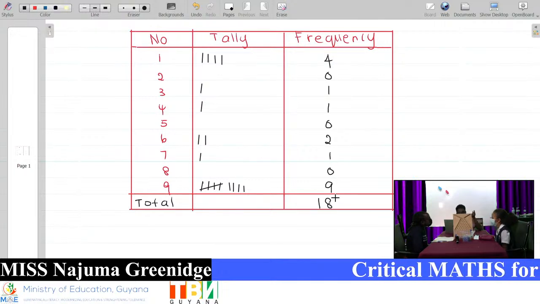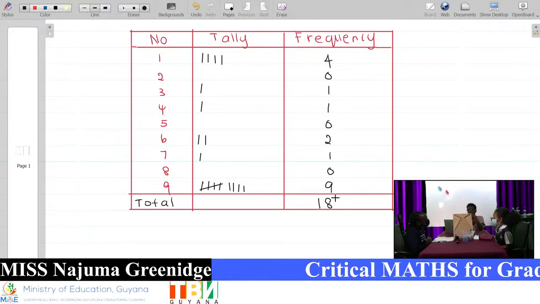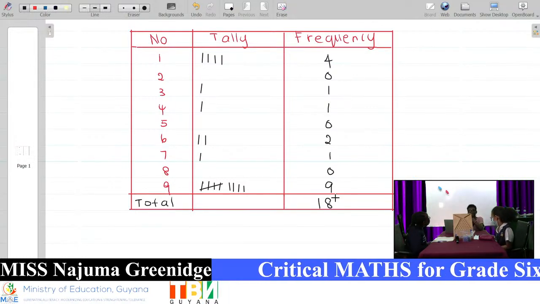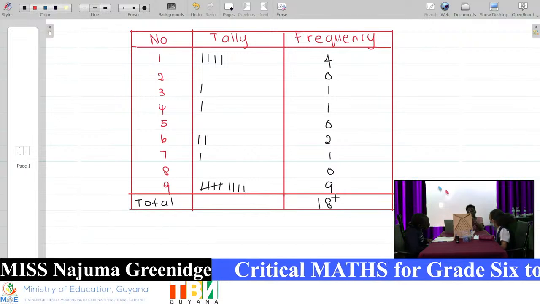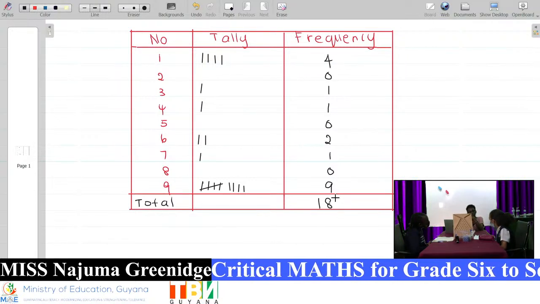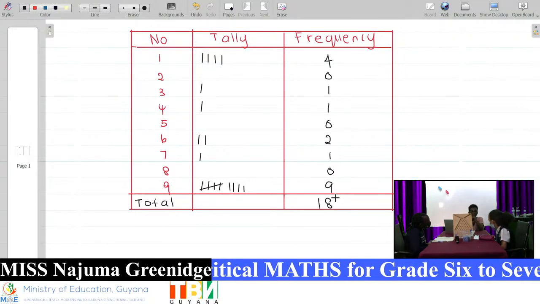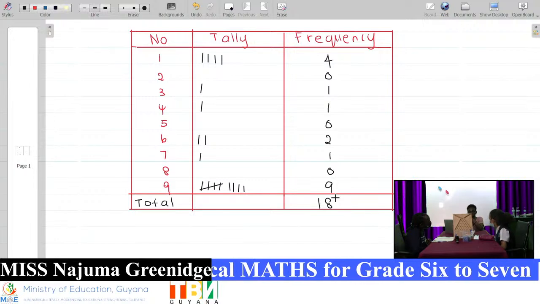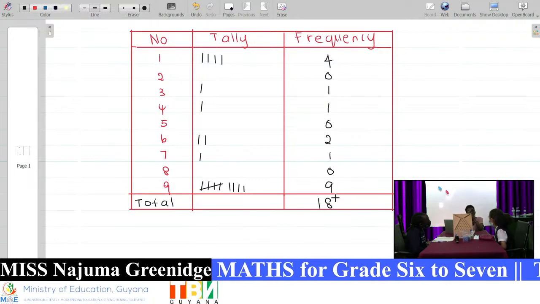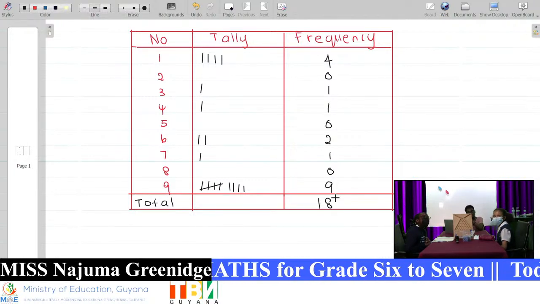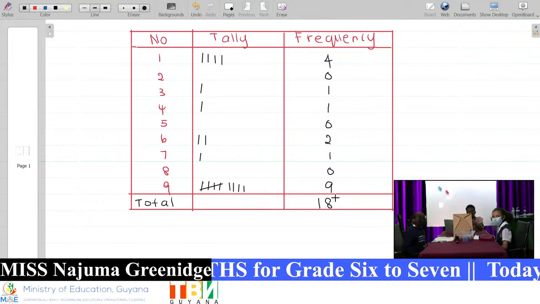So that would take us into another concept called probability, right? So by doing this little simple experiment, we've learned about tally. From the little game that we played, you can represent how the balls land on the numbers using the tally, and then you can set up your frequency table, and so you have the information collected there.